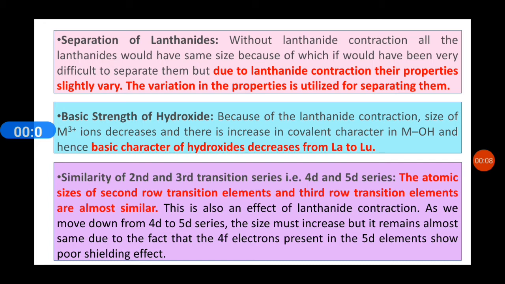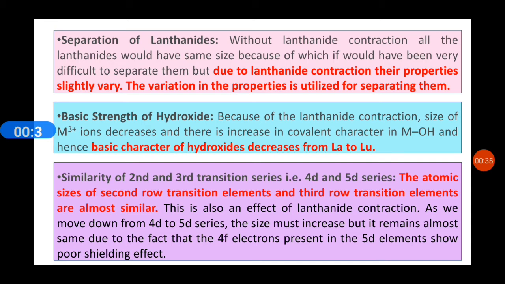See, otherwise the lanthanoids are very much similar that they are extracted all together. But because of lanthanoid contraction, they slightly vary in size, and this property can be utilized to separate them by using ion exchange method.